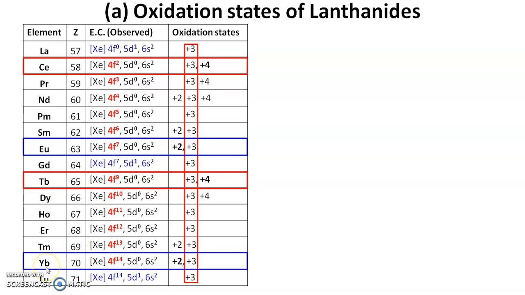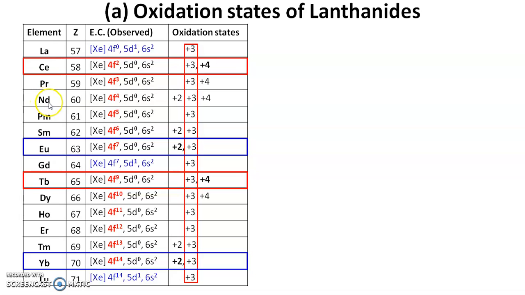Similarly, when ytterbium loses 2 electrons from the 6s orbital, then it acquires a configuration like xenon 4f14, which is also a stable electronic configuration, and therefore europium and ytterbium, these two elements show +2 oxidation state in addition to +3.